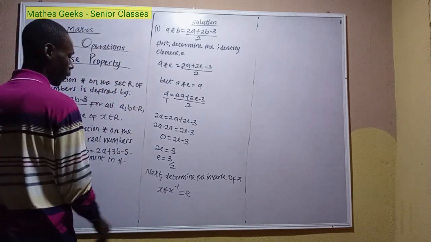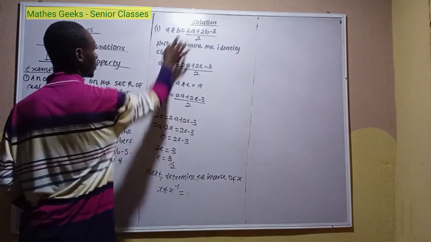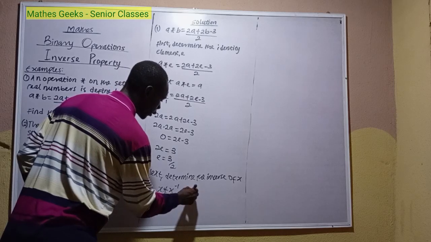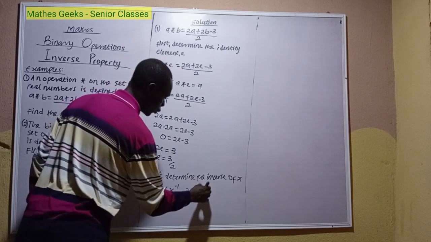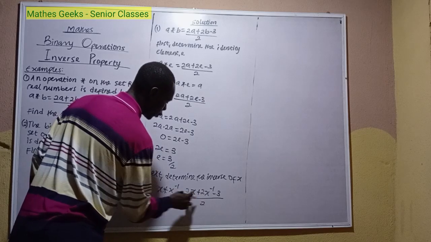Remember, it's equal to this equation: A is now X, so 2x plus 2x inverse minus 3 over 2.